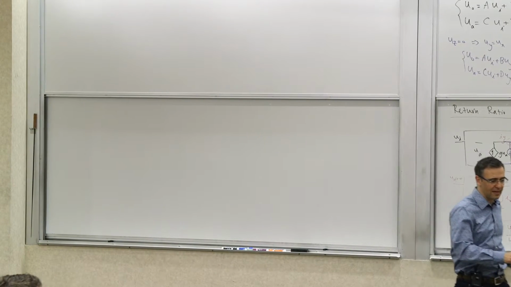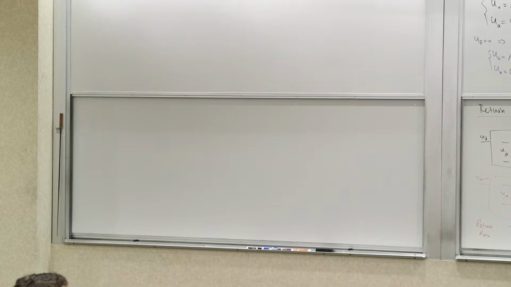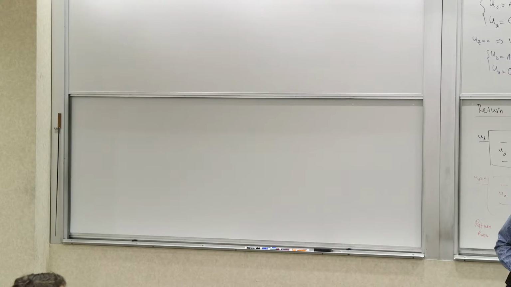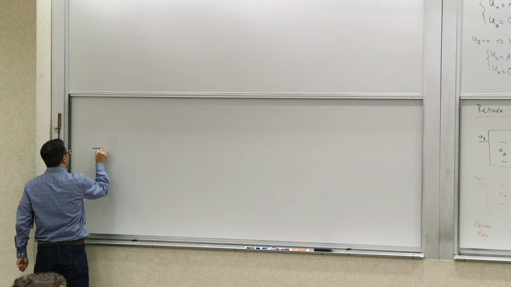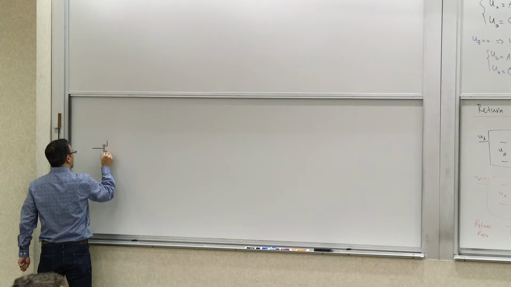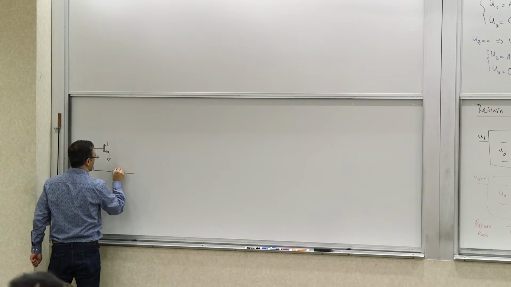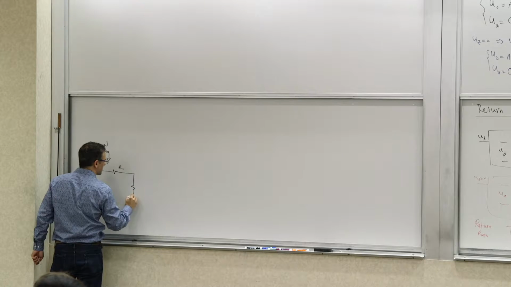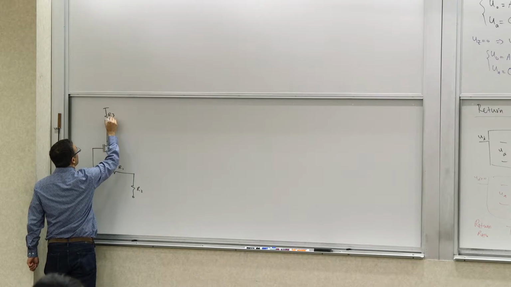And our first example is what we call the shunt series feedback, one of the shunt series feedback stages that we had before. So it looks like this. So you have an input stage. There's a resistor R1. There's a resistor R2. The resistor R3.